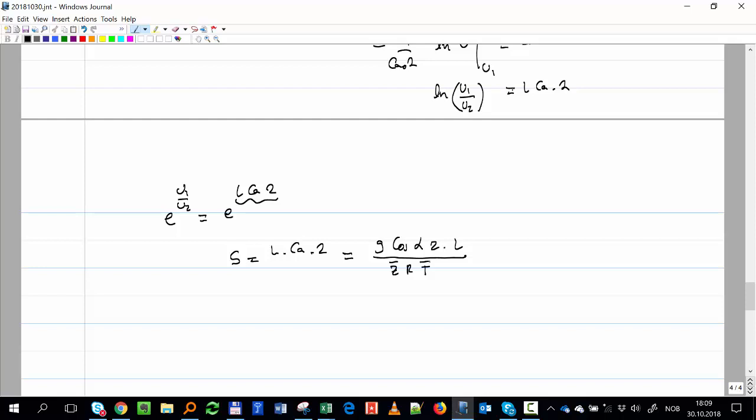So if you see here, we have the length of the tubing multiplied by the cosine of alpha. What is that telling me? It's just the difference in height, right? Between the inlet and the outlet of the tubing. So if I have no flow, that will tell me that the difference in pressure will be just the exponential of some difference in height.